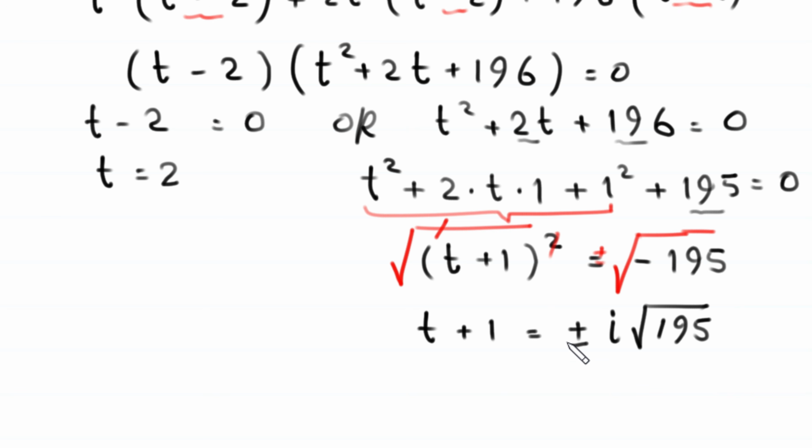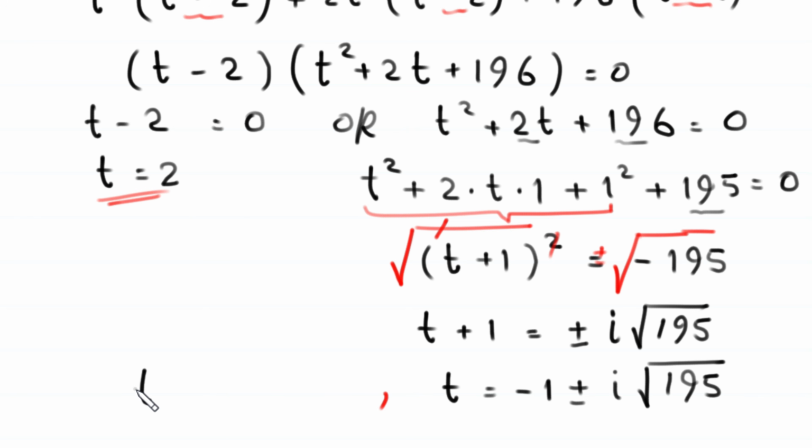Move this 1 to the right hand side. This will become t is equal to negative 1 plus minus i times root 195. And first we found this value of t is equal to 2.